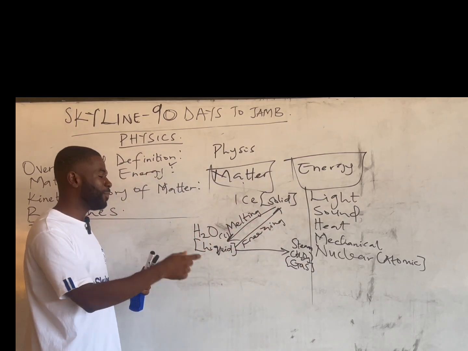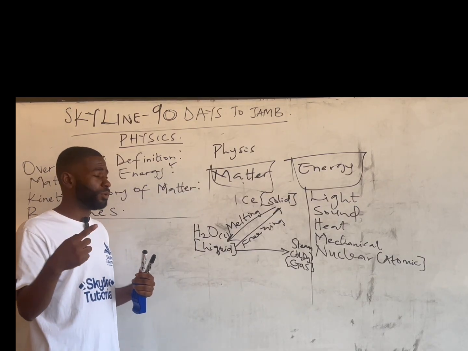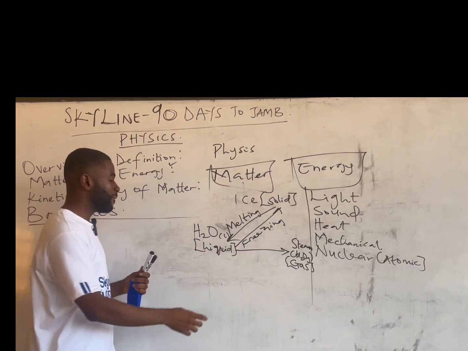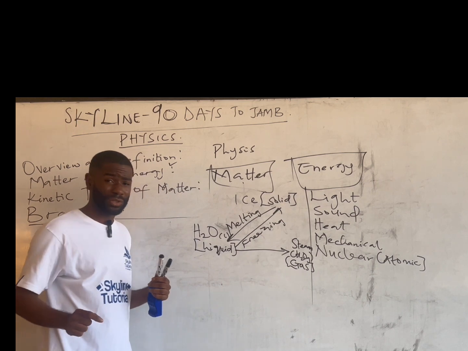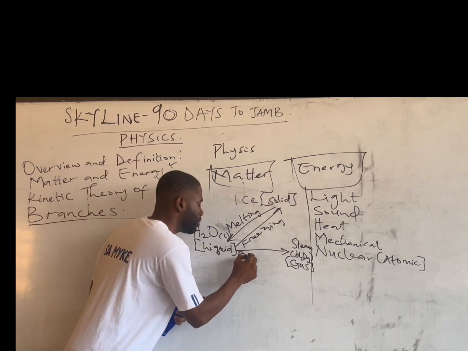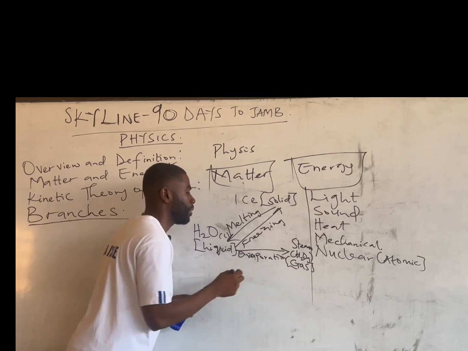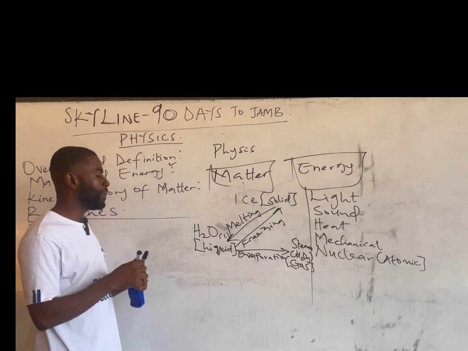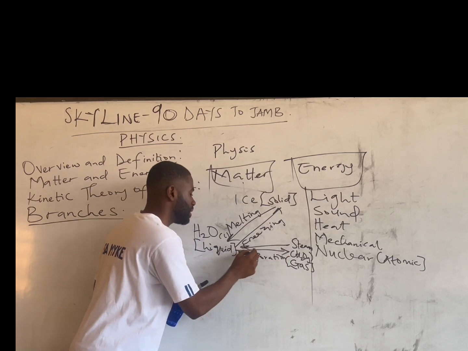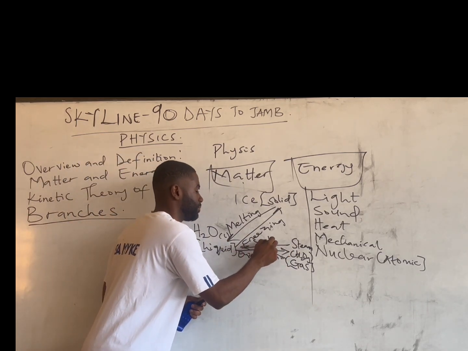It is simply the water that was in the pot or kettle that has been converted from liquid state to the gaseous state. Take note of that. And that process is called evaporation. Note that matter can also be converted from gaseous state to liquid state in a process called condensation.